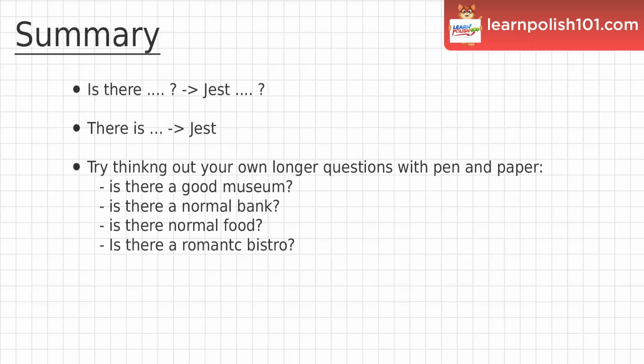Is there normal food? You know, you don't want this posh stuff, or you don't want this vegan stuff, and you're looking for normal food. Is there a romantic bistro that you can take your partner to? So think about those, all the different vocabulary that you already have. Go back and look through some and start constructing your own longer questions about is there.